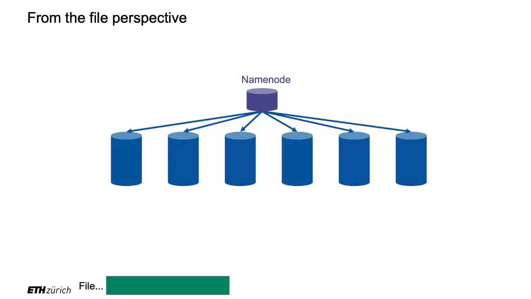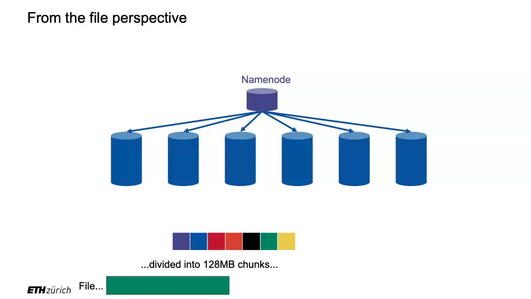So we have a file, potentially 1 petabyte, and we want to store it on HDFS. What do we do? Well, first we cut it into blocks, because this is what the model looks like. So we divide it into blocks or chunks or shards. Chunks would be the term for Google, blocks for HDFS. In the case of HDFS it's 128 megabytes, but again, be flexible, it could be 1 gigabyte, could be 4 gigabytes.